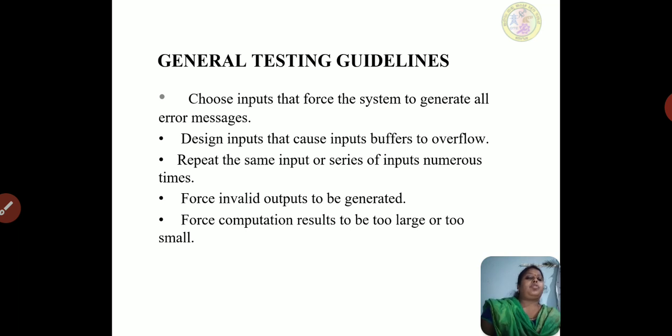Whenever the buffer overflows, you are supposed to repeat the same series of inputs numerous times, until the buffer no longer overflows. Then force invalid outputs to be generated while conducting the test cases. Then the test cases should always be identified at an average level. It cannot be either too high or too low.